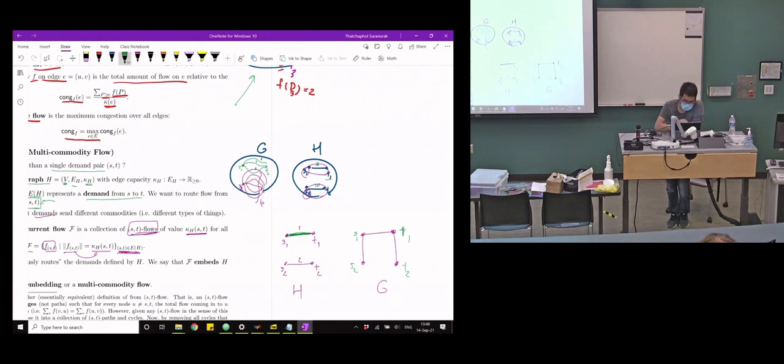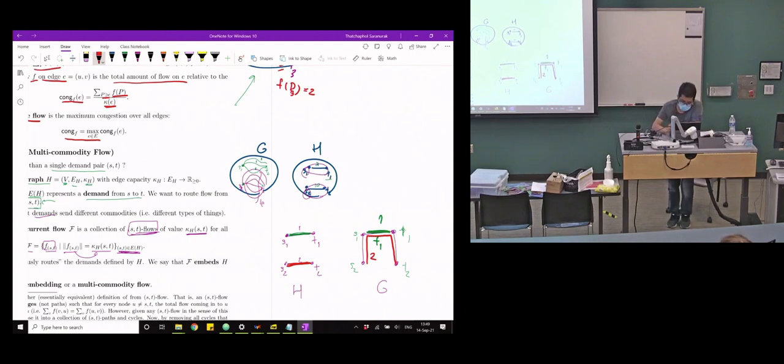For example, the H-concurrent flow can look like this, right? Maybe I write it in red. One is just, you send it this. This is just a flow, flow 1. And another flow is to satisfy the second demand. You just draw it here. And this should have maybe value 2.